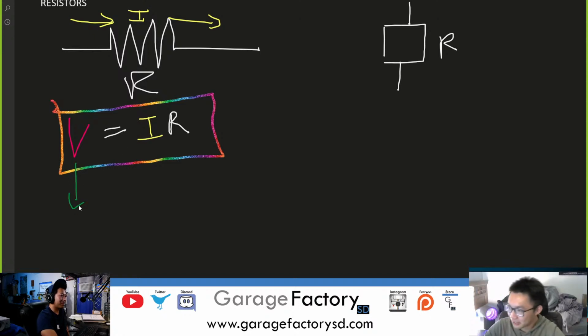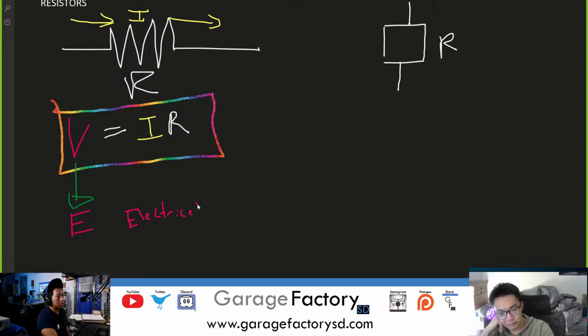Also, instead of V, a lot of physicists like to use E because this denotes the electrical potential. It's hard to read, so check this out.